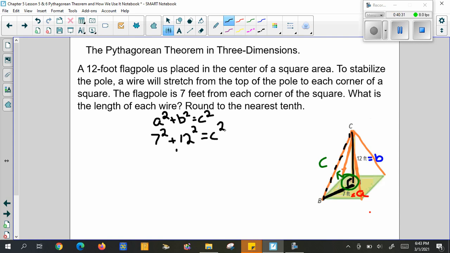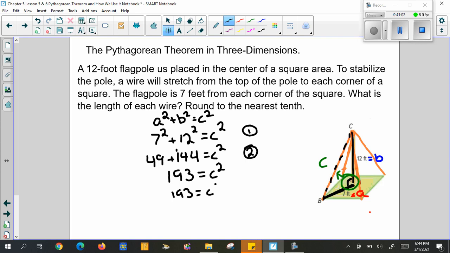We'll go ahead and square these. Now consider we are solving for the hypotenuse again. Will I be adding or will I be subtracting? I will be adding. Before I find the square root.